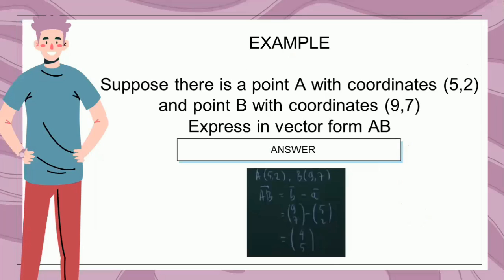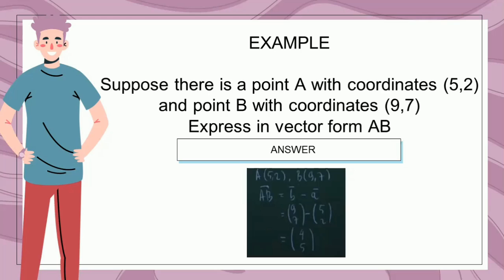Now let's practice a question. For example, suppose there is a point A with coordinate (5, 2) and point B with coordinate (9, 7). Express in vector form AB.